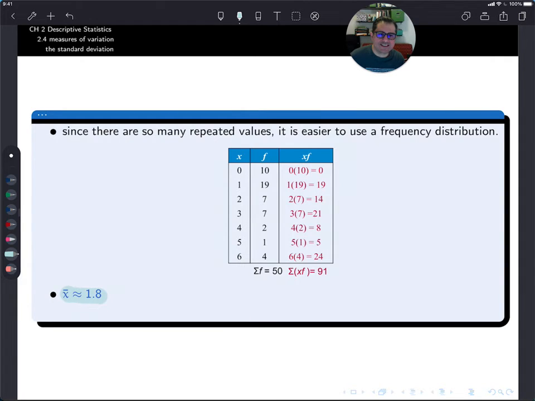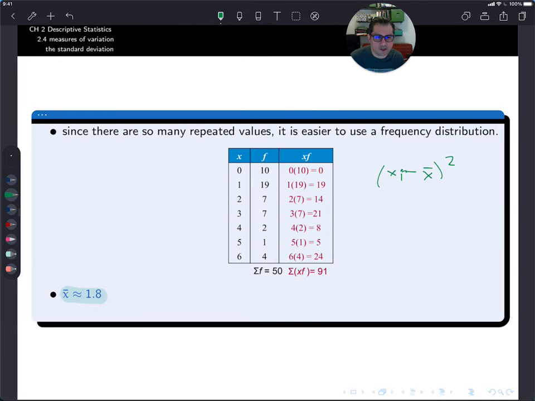Now I'm going to follow the same idea to find the standard deviation. You're going to subtract 1.8 from each value, x_i minus x-bar in this case. It's a sample. I'm going to do x_i minus x-bar, and you're going to square it. But for example, for all the zeros, I would have to do 0 minus 1.8.